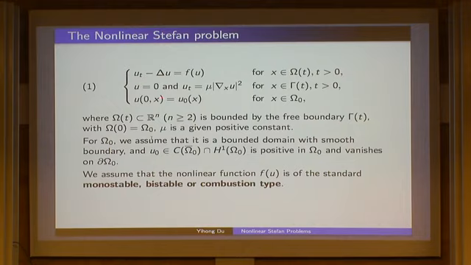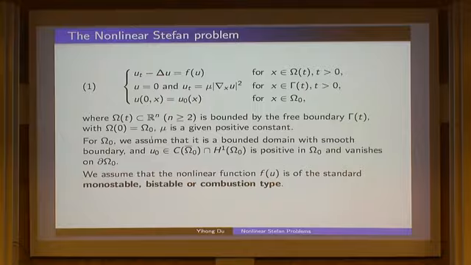U0 is given, and we assume that U0 is positive inside omega 0. Omega 0 is the initial region of omega. When t equals 0, omega t equals omega 0. And this mu we assume is a given positive constant.